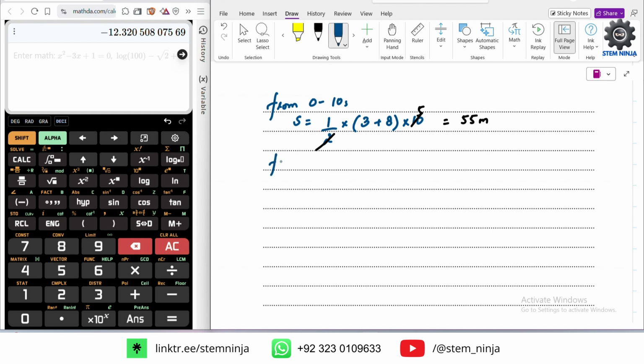Then you have from 10 to 40 seconds. That is a straight line region, a horizontal region, so that is going to be vt basically. So simply v is 8 times (40 minus 10), that is just 30 seconds. So 240.